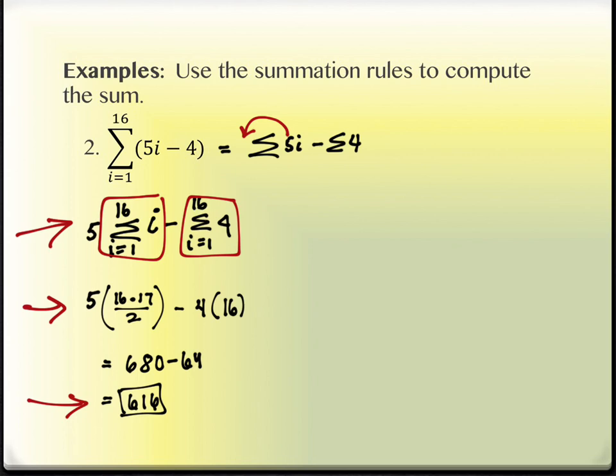The reason is because the first one shows how I can separate it to be able to use the formulas. The second one shows that you're using the right formulas. So if you make a mistake, I can take off just a tiny bit because I know that you remembered the formula wrong, right? Instead of it being something else. And then the last one is just the arithmetic from your calculator, or if you did it by hand. But those are the three pieces that you would need to show.